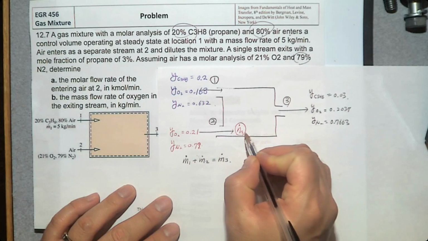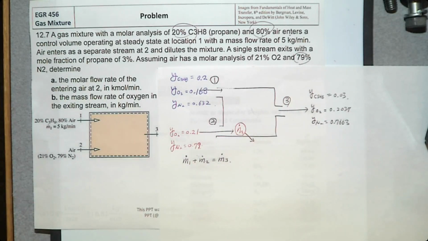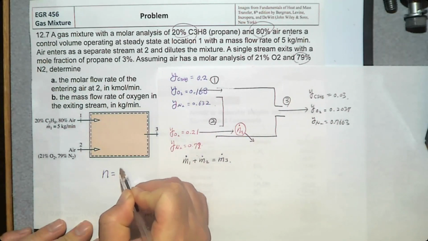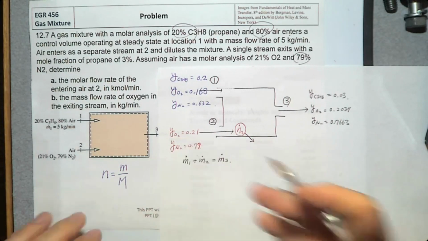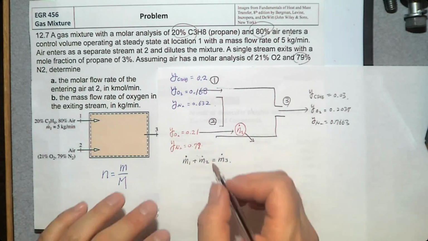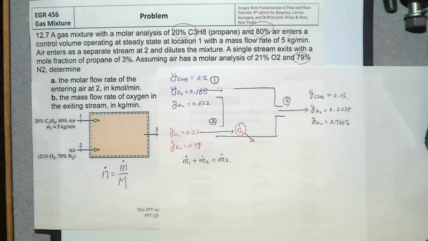So how can you convert between the mole fraction, number of moles, molar flow rate, and the mass flow rate? We can use this equation. N is M over its molecular weight. If you have molar flow rate instead of number of moles, we can say N dot is going to be M dot divided by its molecular weight.